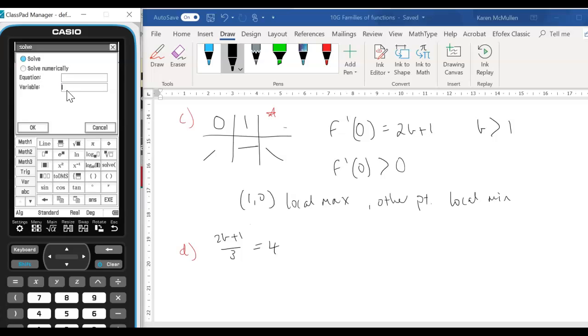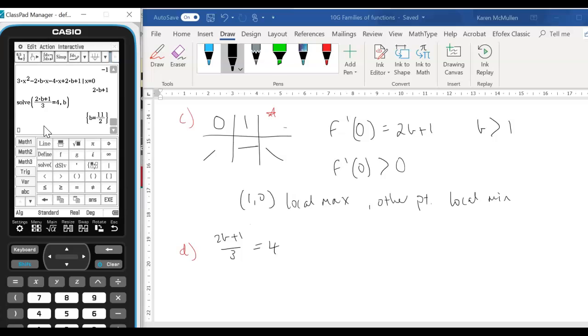We could put x in if you want. But the problem is if I do type in x, sometimes students copy it as an x, and if you did that on the exam, you would get it wrong. So you don't really want to do that. All right, so b is equal to 11 over 2.